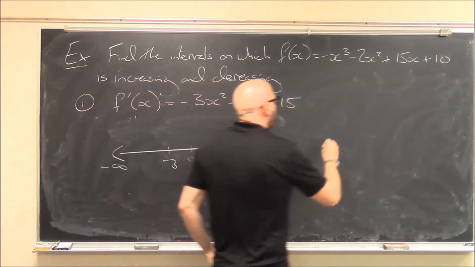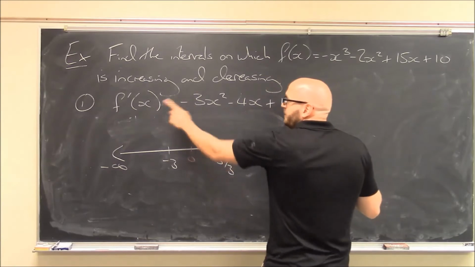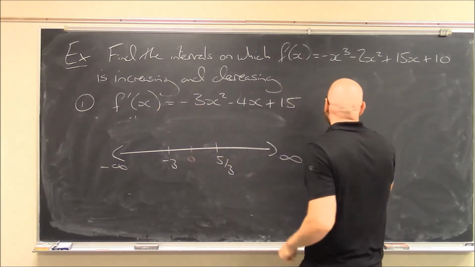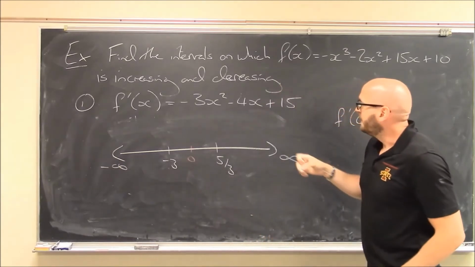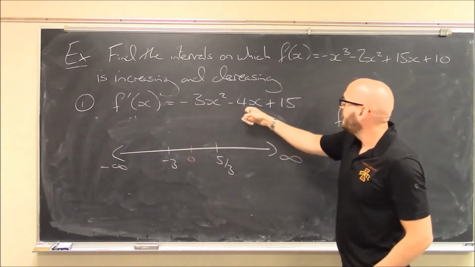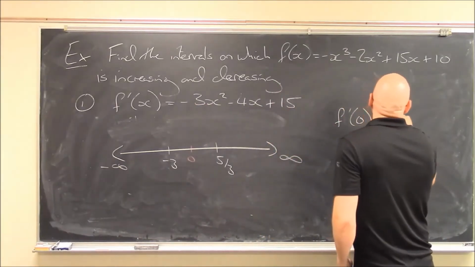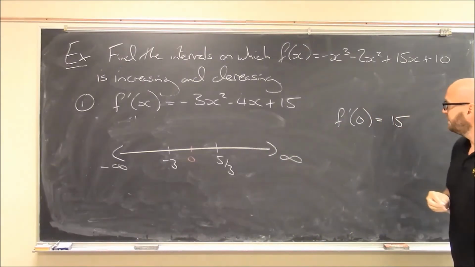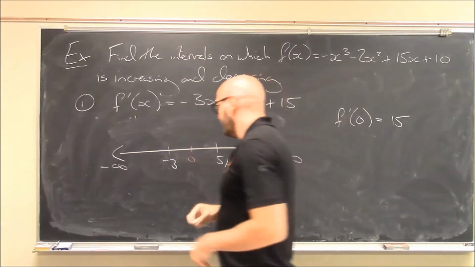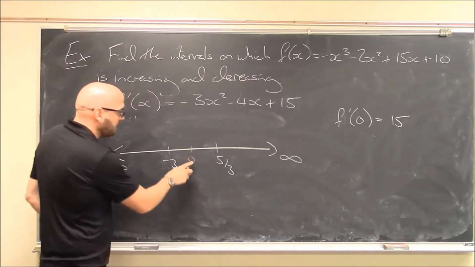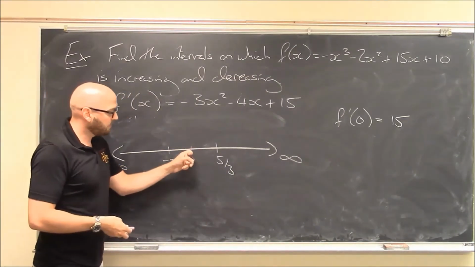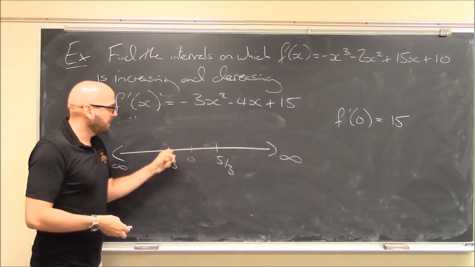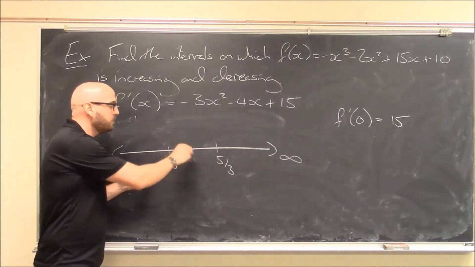Step 2, now I plug that into my derivative. Okay? So my derivative at 0 is going to be 0 minus 0 plus 15, which is positive 15. What does that mean? That means at 0 I have positive derivative, but it turns out it's a fact that if you have positive derivative at this point in the interval, it's actually positive for every single point in this interval.